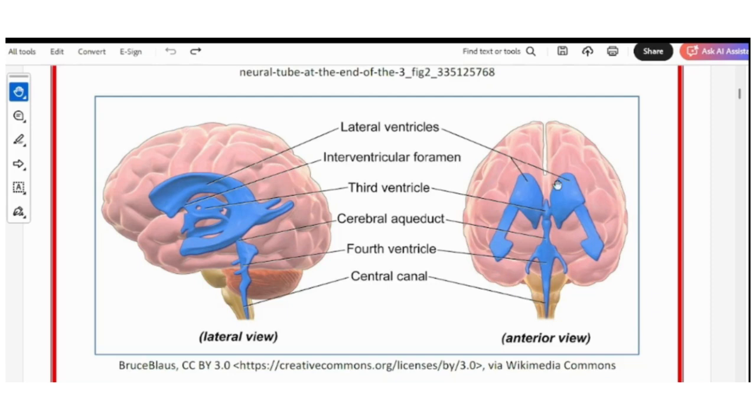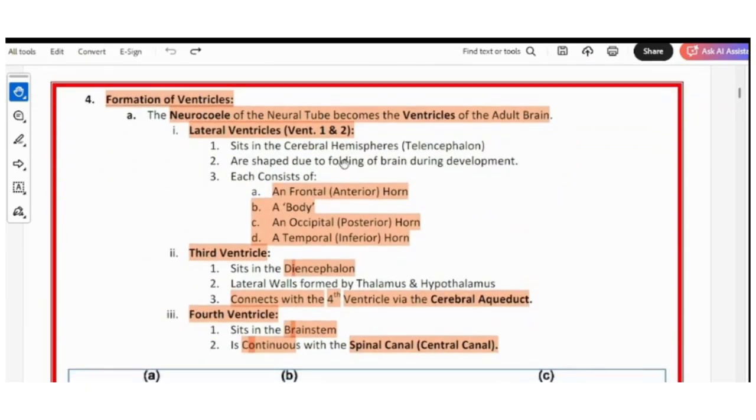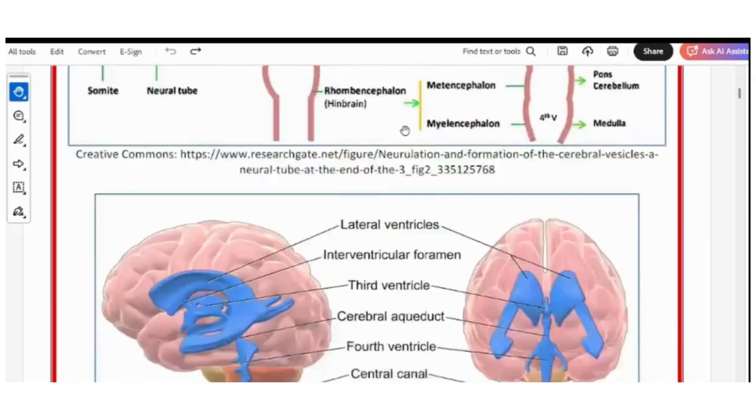Now in the adult brain, this is lateral ventricle 1 and 2, here we have the third ventricle, this is the cerebral aqueduct and the rhomboid-shaped fourth ventricle. So these are the ventricular system. This is how it is formed. The neurocele of the neural tube becomes the ventricles of the adult brain.